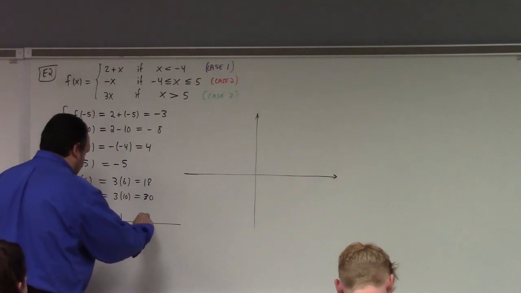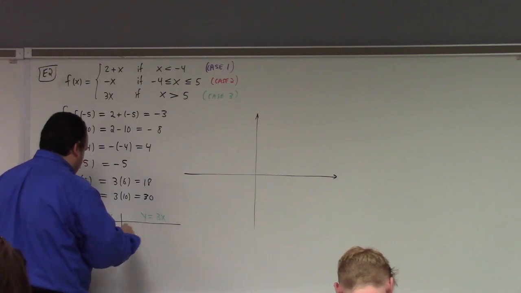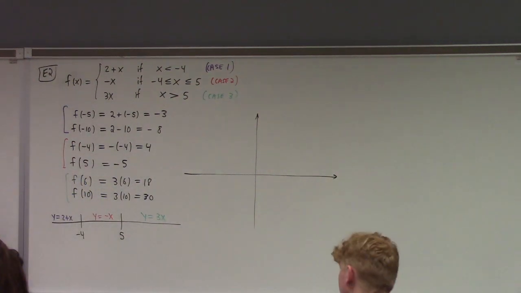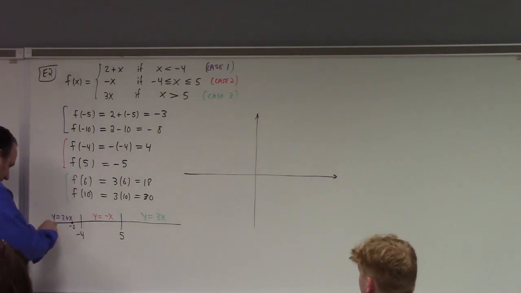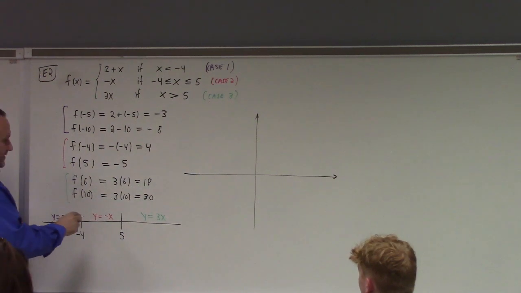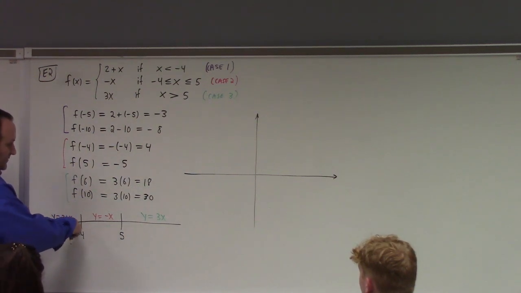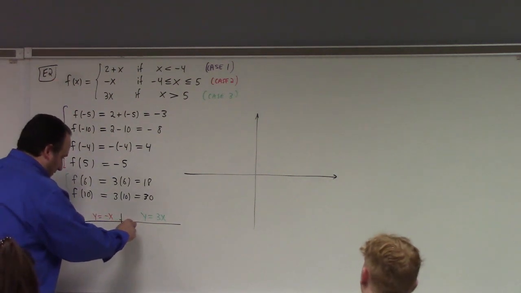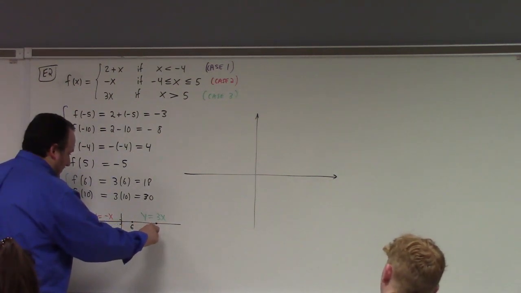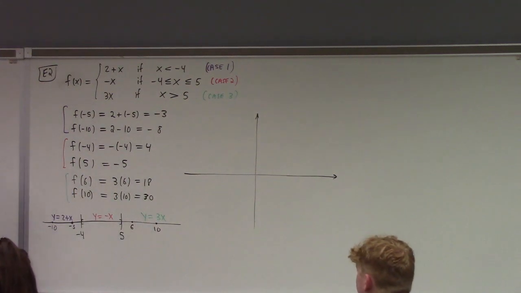Depending on where your x is, you use the appropriate formula. You can envision -5 is over here, -10 is over there. And the 4 and the 5 are both included in this case, right? I don't have a way to make my picture good for that, but then 6 is over here, and 10 is over there somewhere. That's why I used the formulas that I did in the cases that I did, because that's what the recipe says, right?